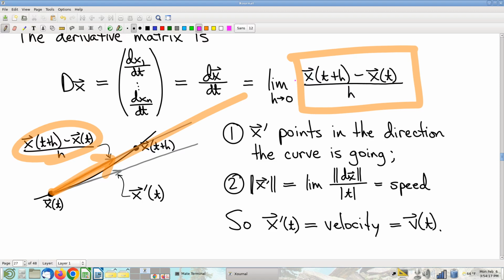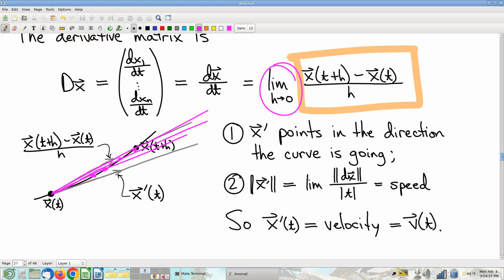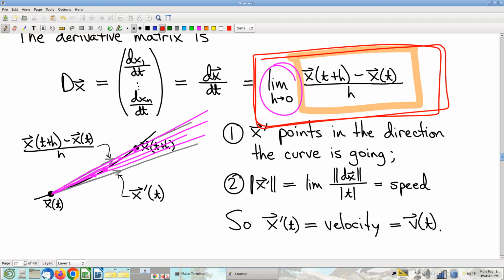Taking the limit as h approaches 0, this point over here is going to get successively further and further toward the original point. That secant line direction is going to be a little bit closer every time, eventually being, as the final result, the tangent line to that curve.